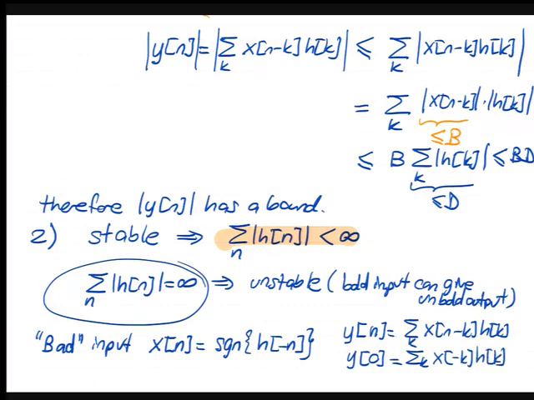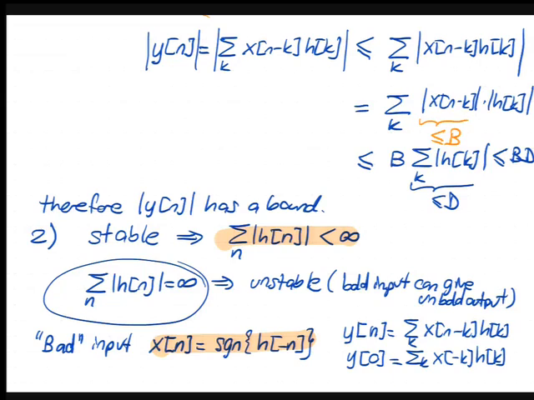But because of the way I constructed my input x, what is that going to be? x of negative k is going to be the sign of h of k, right? What happens if I multiply h of k with its sign? Nothing if h is positive, and you flip the sign if h is negative, making it positive.